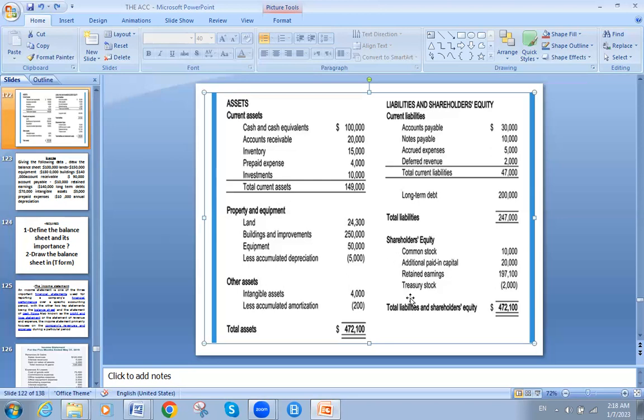This is also owner's equity. Retained earnings: what are retained earnings? Retained earnings are the profits which you don't distribute. At the end of each year, when the business makes profits, they divide the profits among the workers or the employees who are working in the plant.